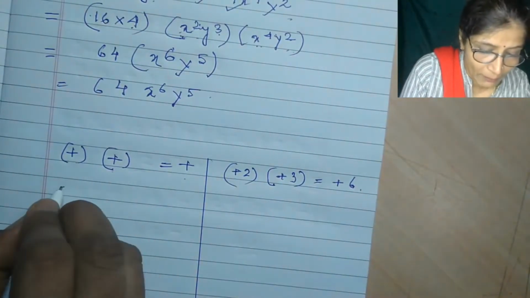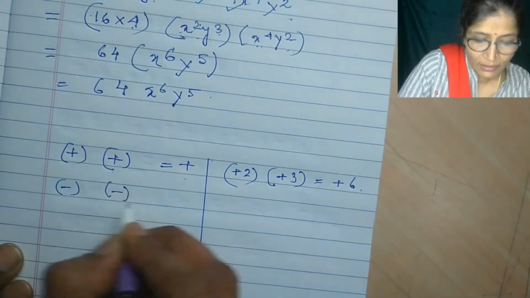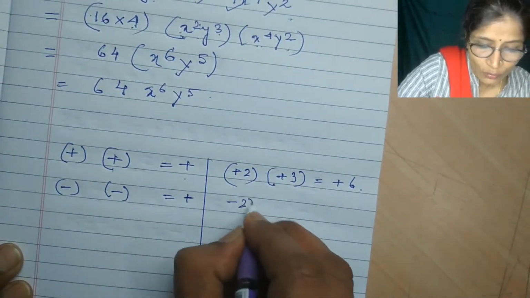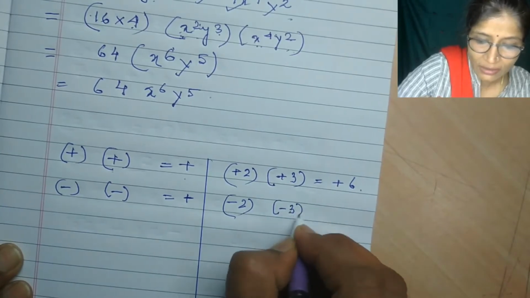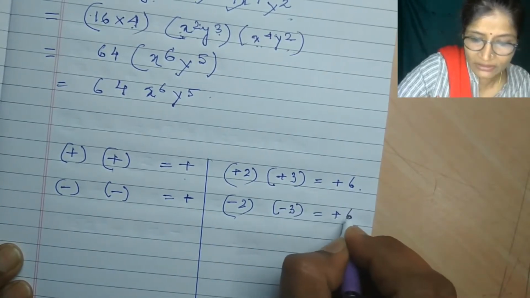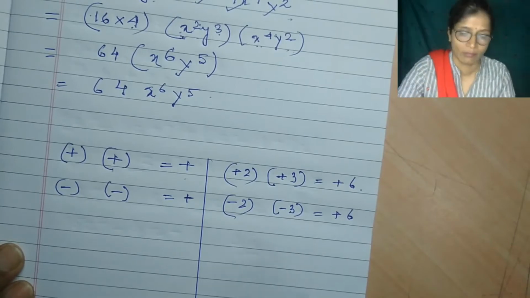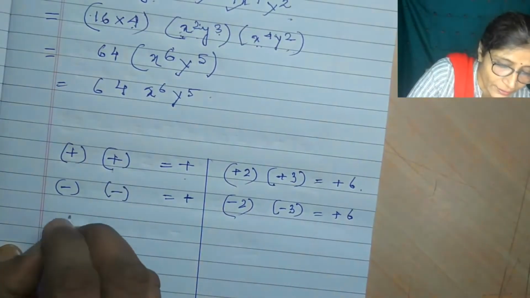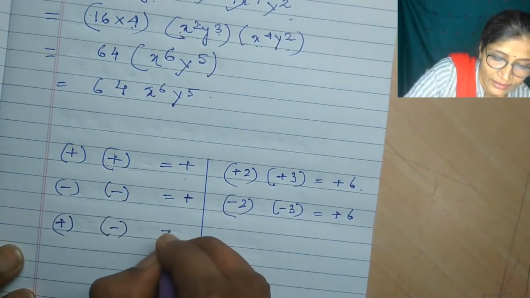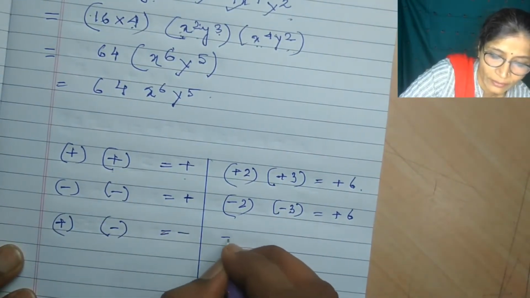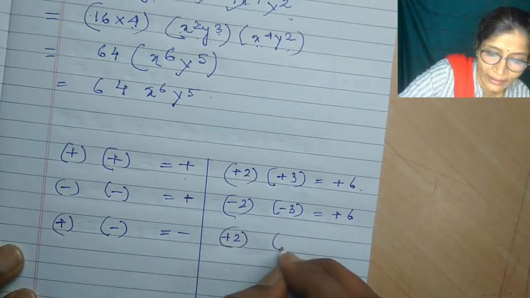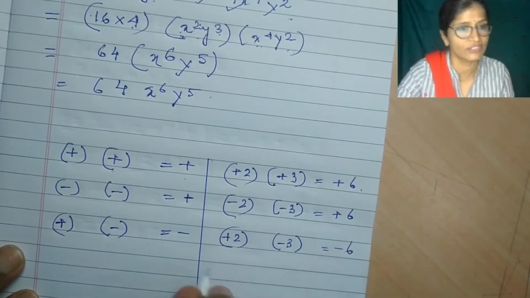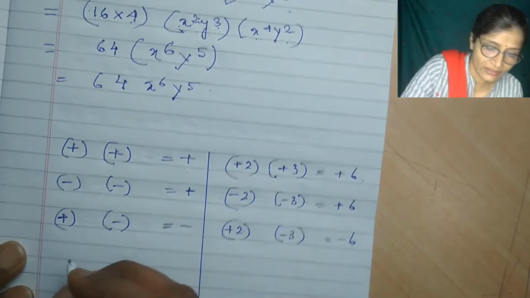Again, minus into minus is also equal to plus. For example, minus 2 multiplied by minus 3 is plus 6. Minus minus in multiplication is equal to plus. But plus into minus is equal to minus. For example, plus 2 multiplied by minus 3, your answer will be minus 6, because plus into minus is minus.